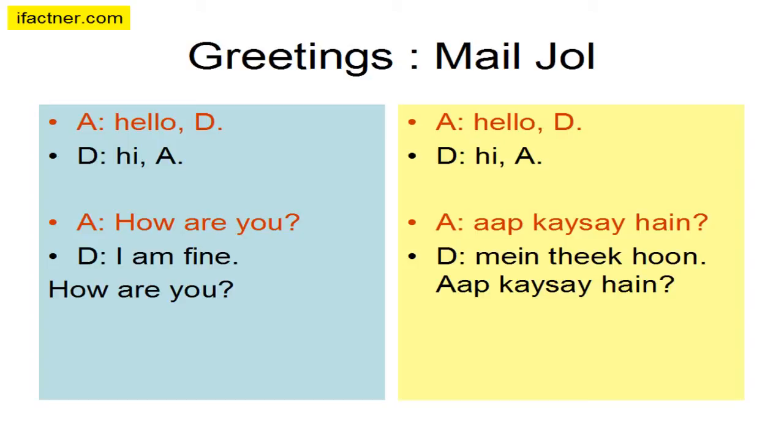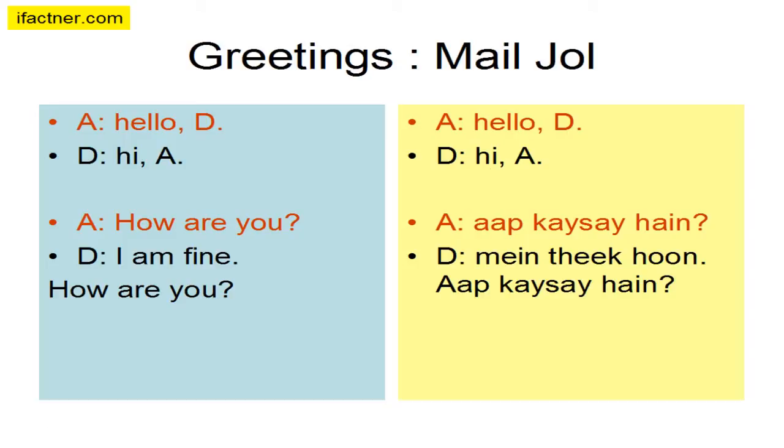So it's always a better idea to say hello or hi. That's why Mr. A says hello D, and D says hi A. If you know the religion of the person, you can just say assalamu alaikum and he will reply walaikum assalam.